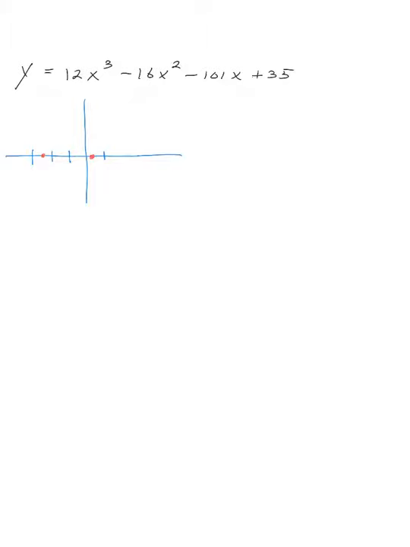And then there's something between 3 and 4. Maybe halfway between, I can't really tell. If I could guess the fractions, it means I could write down the factors. This thing definitely factors into 3 pieces. I just need to guess what the fractions are for those 3 zeros.